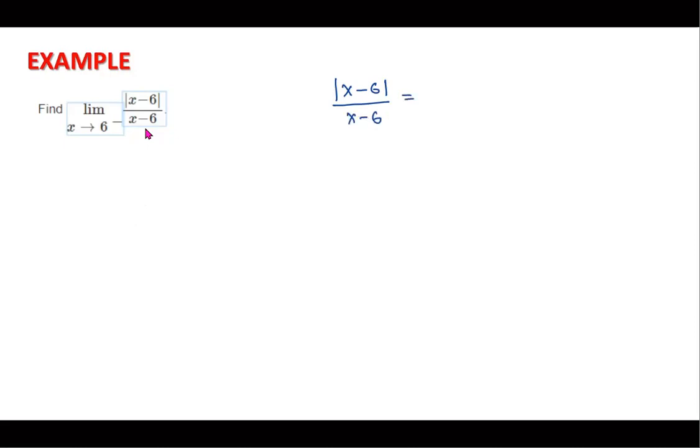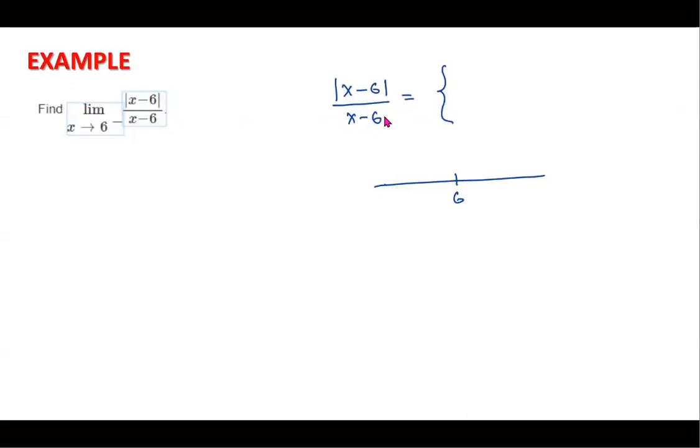If you think of this value, x minus 6 and x minus 6, they will be equal in magnitude: the absolute value of x minus 6 in the numerator, x minus 6 in the denominator. But the numerator is always positive. And when x approaches 6, if you think of a number line with a 6 here, when x approaches 6 from the left, x will be smaller than 6.